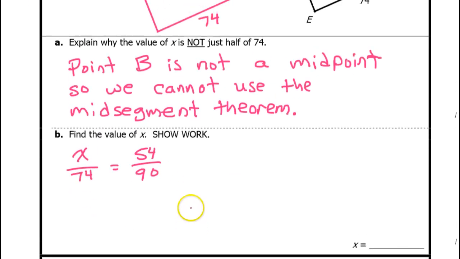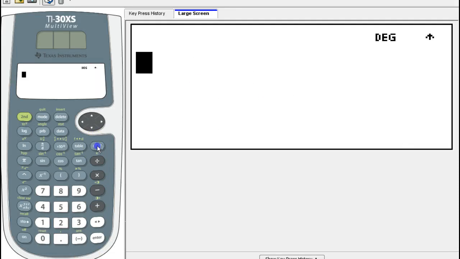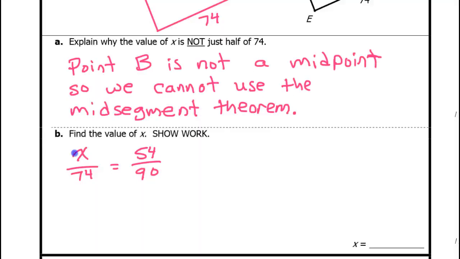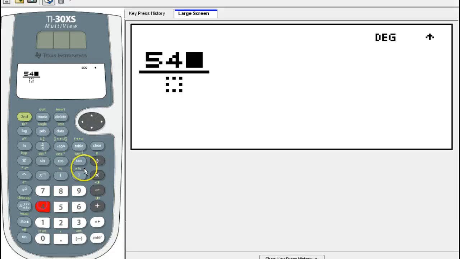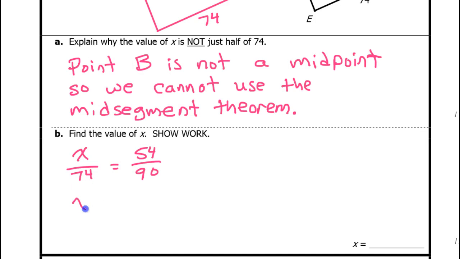Now, some students do not like to reduce this fraction, but I find it easier if we use smaller numbers. So I'm going to reduce the fraction. So 54 over 90 is 3/5. So I've got x over 74 is equal to 3/5.